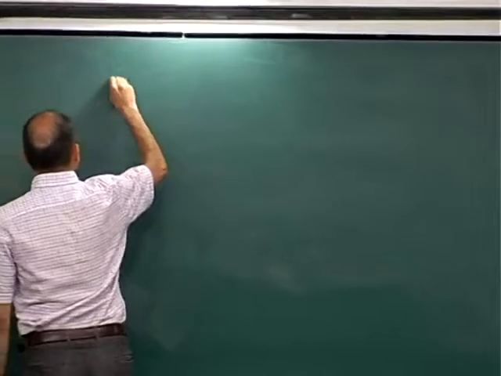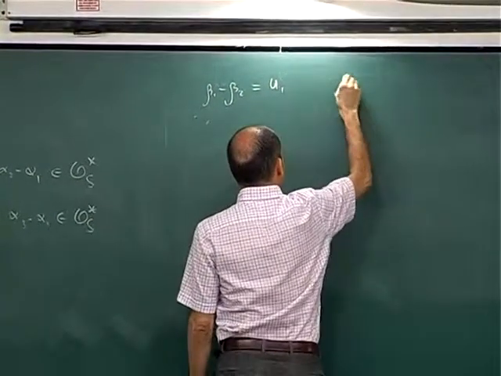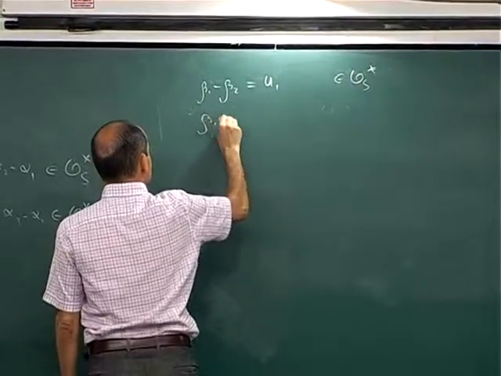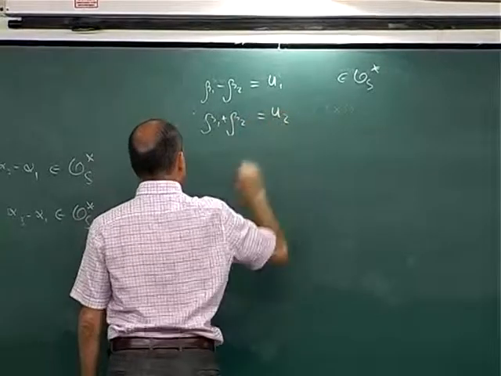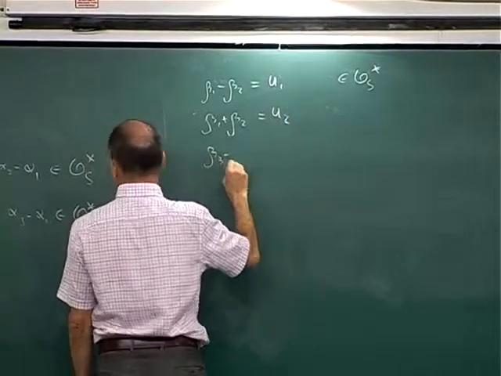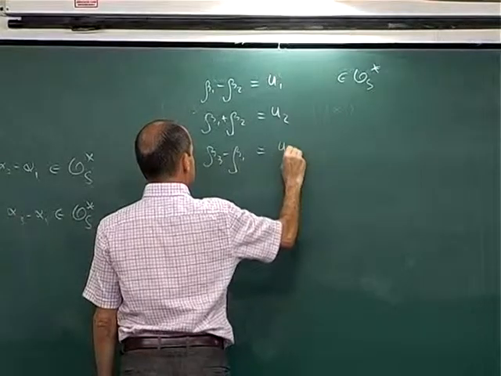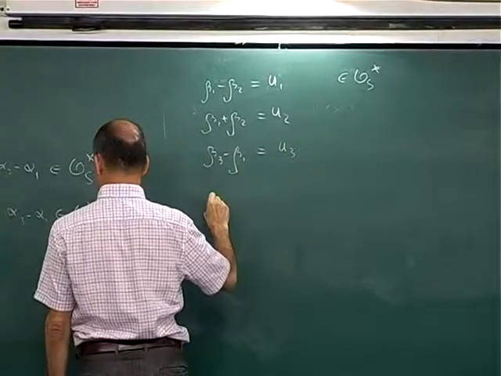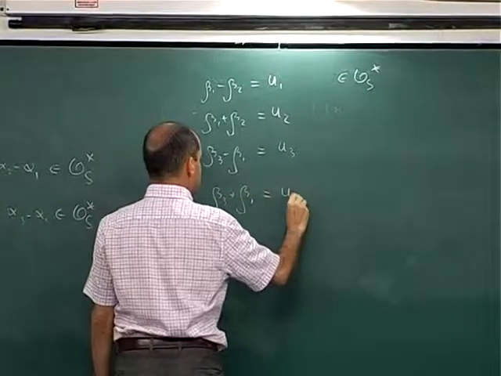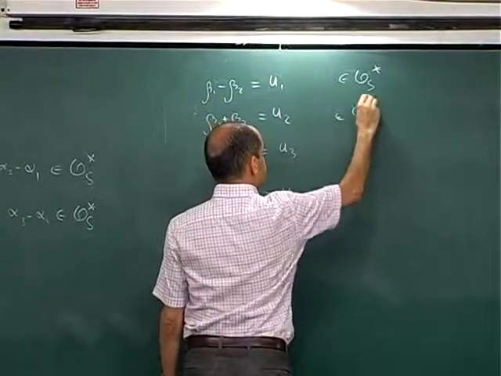So we have that beta 1 minus beta 2, this u1, is a unit, and beta 1 plus beta 2. And here we have beta 3 minus beta 1 is also a unit, and beta 3 plus beta 1 is again a unit. So all these are units.